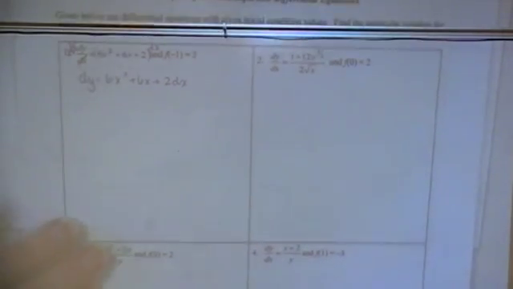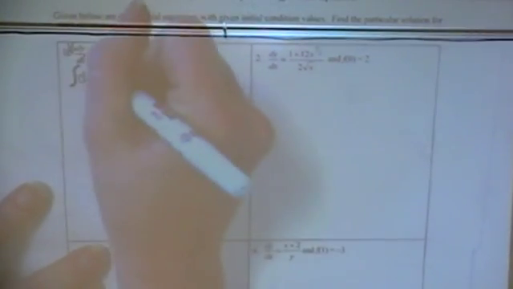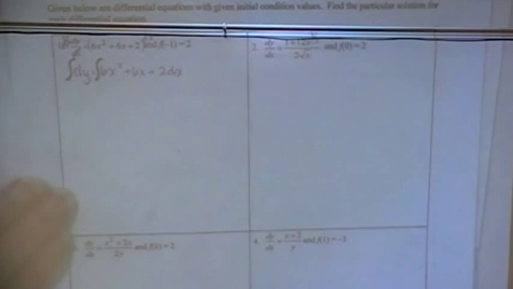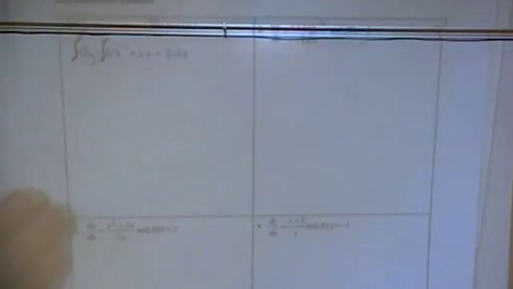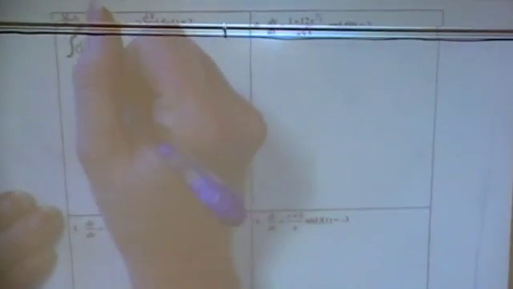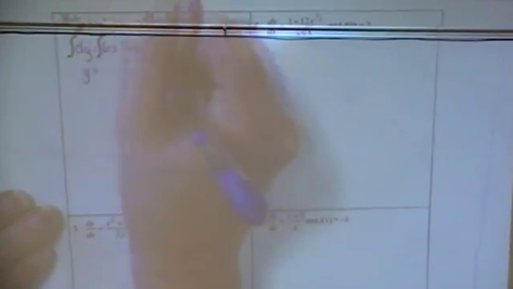In order to save space, I'm just going to go ahead and sneak in my integral sign. And now I will take the antiderivative. When you take the antiderivative of dy, you're back to y. I'm going to take the antiderivative of all this.